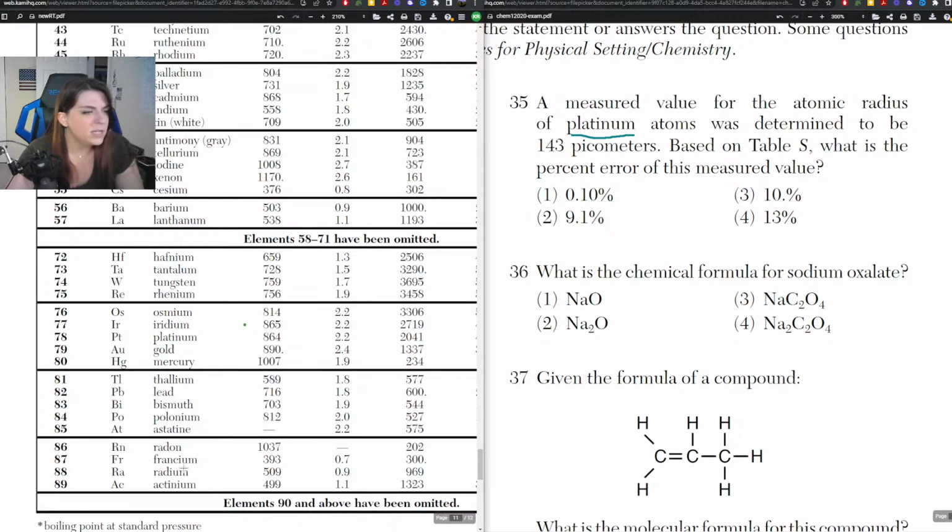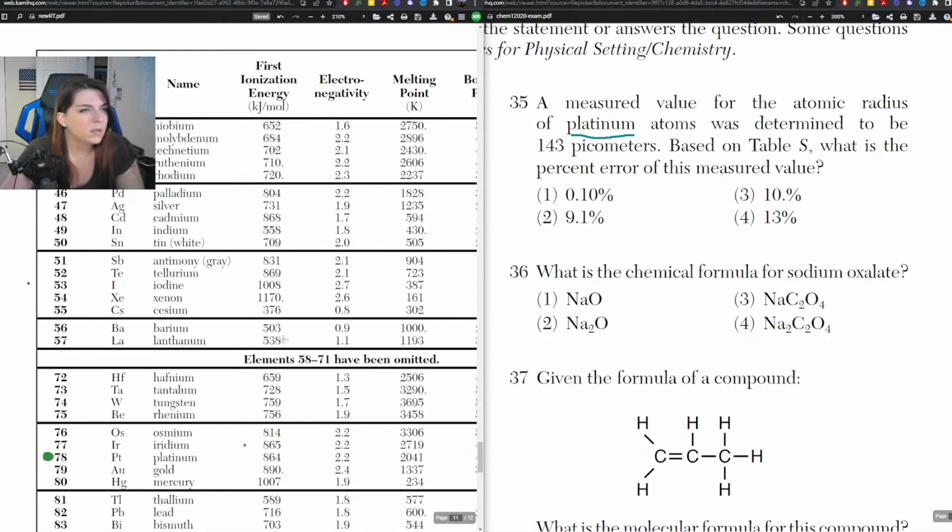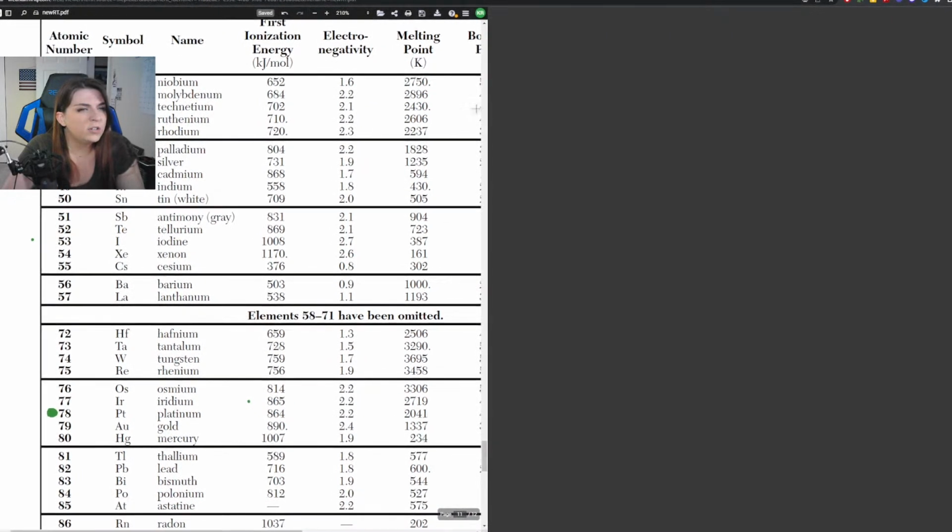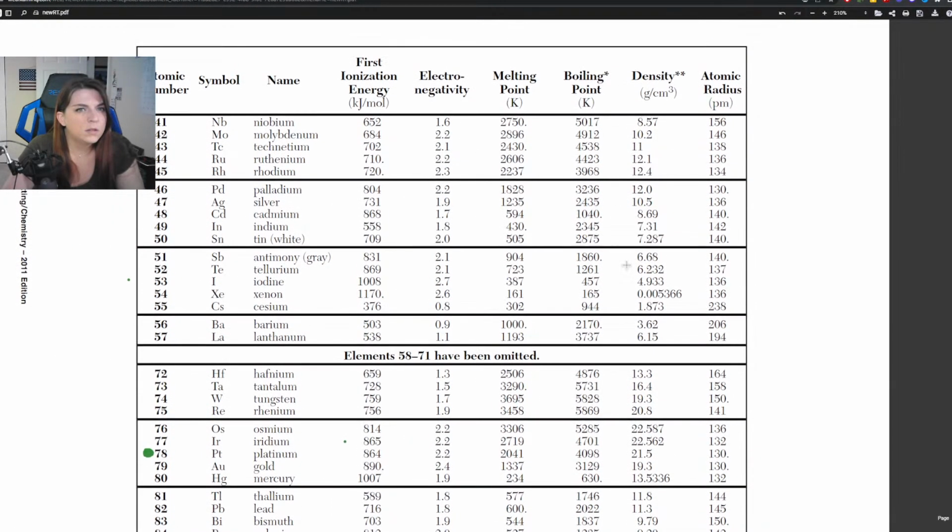Platinum is number 78. And what is this first column? First ionization energy, atomic radius. Okay, so the atomic radius of platinum is 130 picometers. 130. Okay.